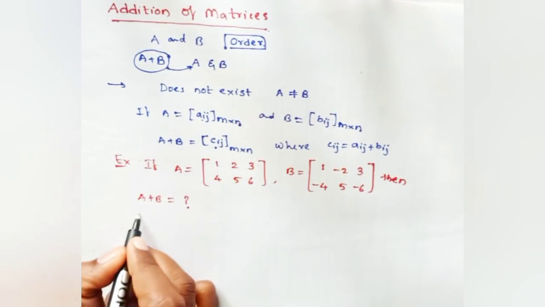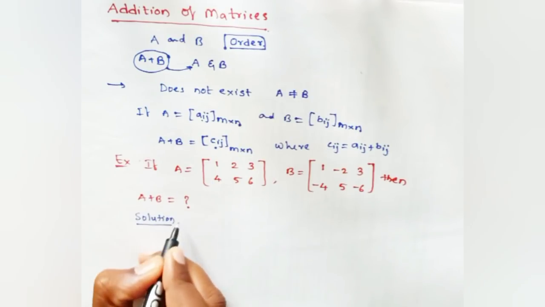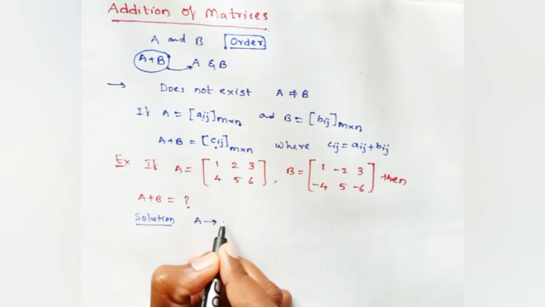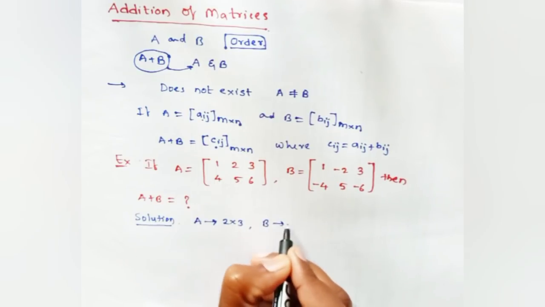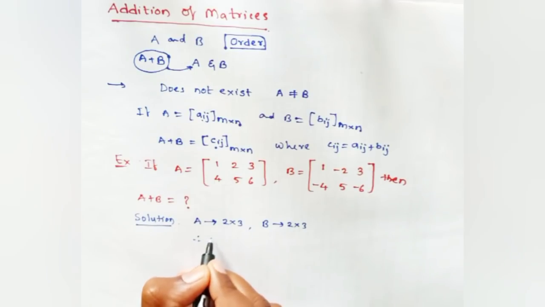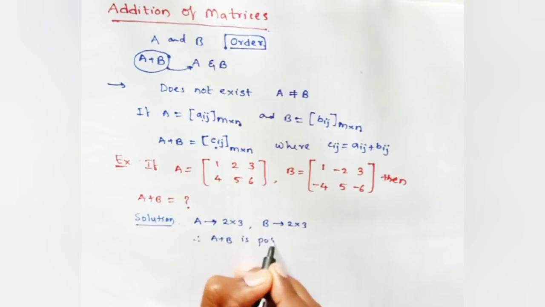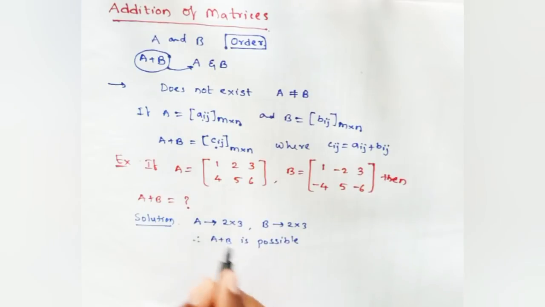Now, solution. Here A is the given matrix. A is a matrix of order 2 by 3 and B is also a matrix of order 2 by 3. Therefore, the matrix addition A plus B is possible, since the order of A and B both are same.